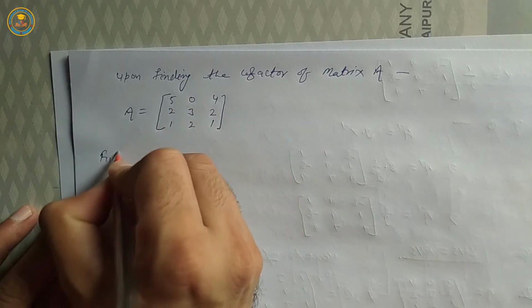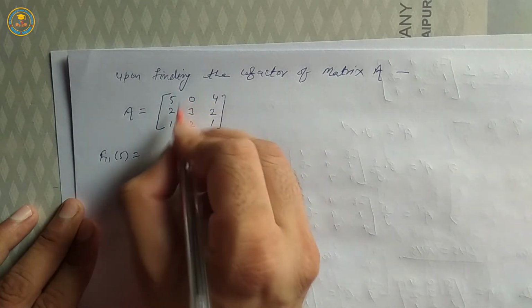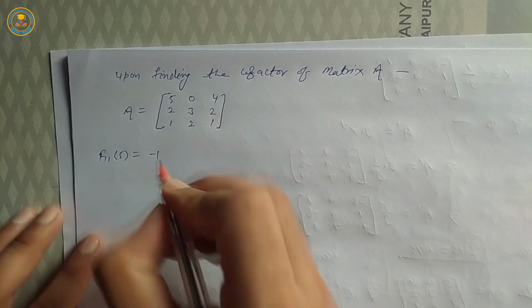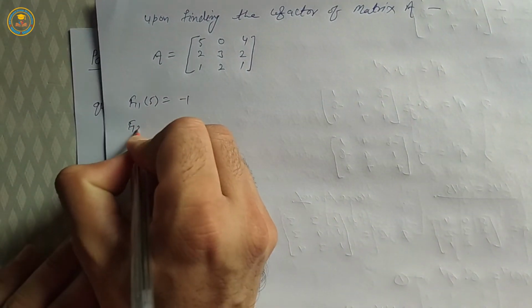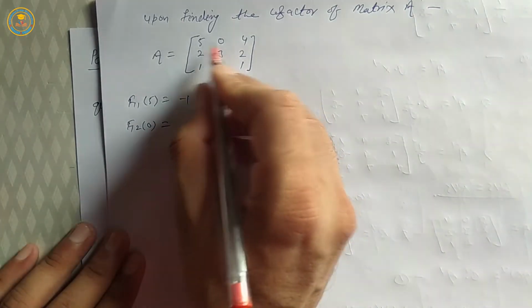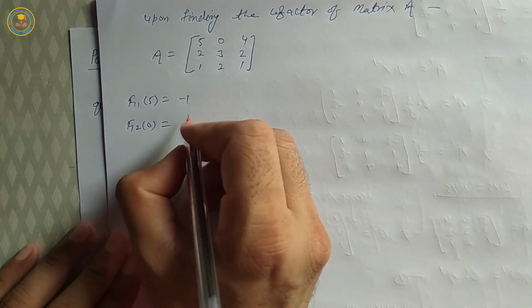F11 is equal to minus 1. F12 is equal to 0.